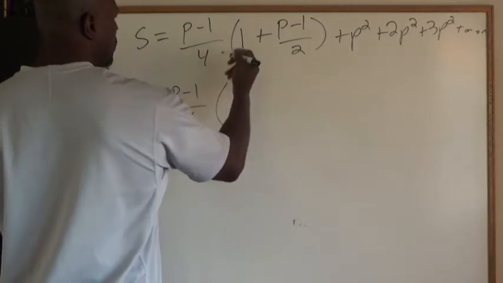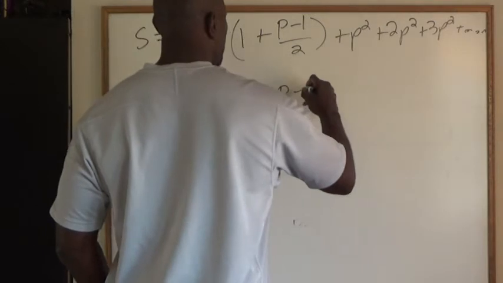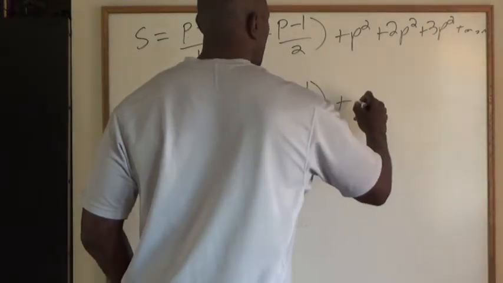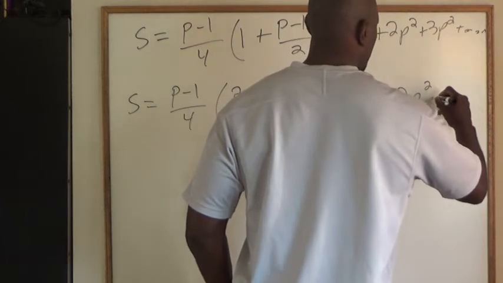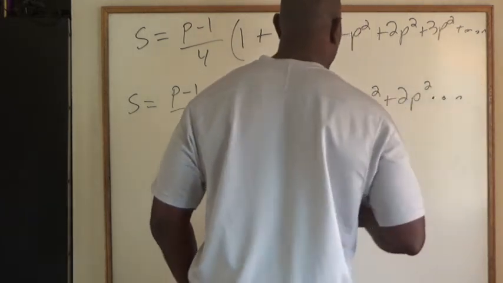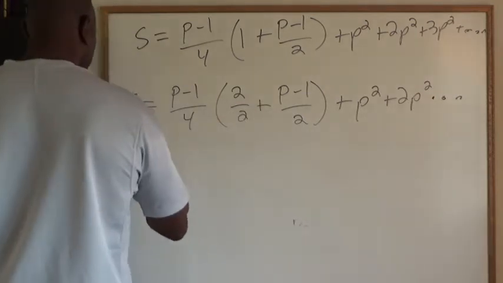So I can turn 1 into 2/2, so that's 2/2 plus (p minus 1)/2 plus p squared plus 2p squared, etc. And now I can add these together.